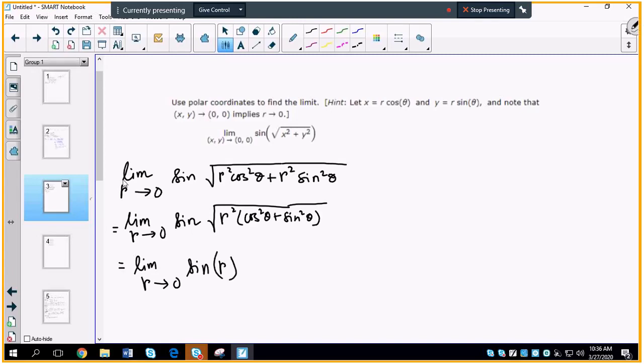Since r approaches 0, this value after direct substitution will approach sine of 0. And sine of 0 is 0, so your limiting value is 0. And that answers your question. So now you have found the limit of this function is equal to 0.